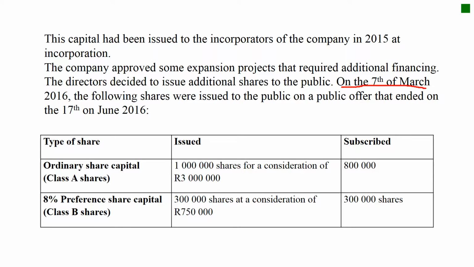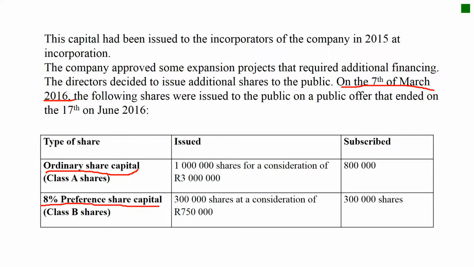On the 7th of March 2016, the following shares were issued to the public on a public offer that ended on the 17th of June 2016. They issued two classes of shares: ordinary share capital and the 8% preference share capital.